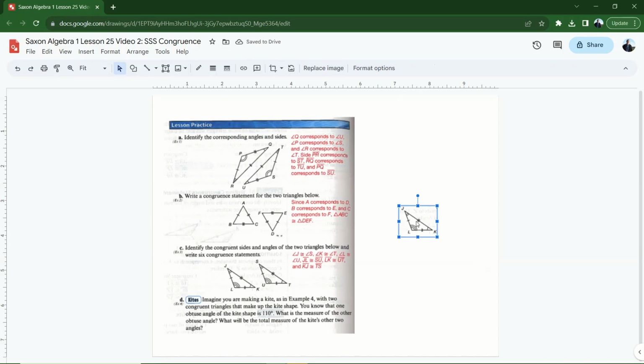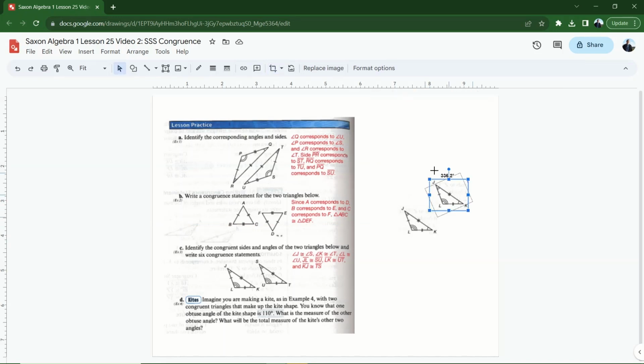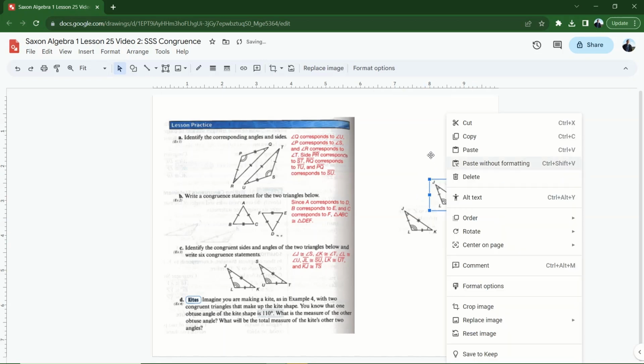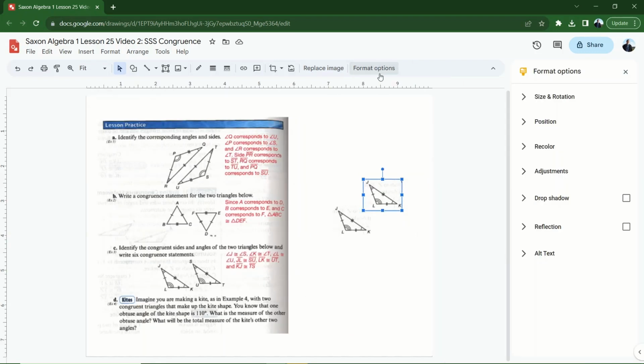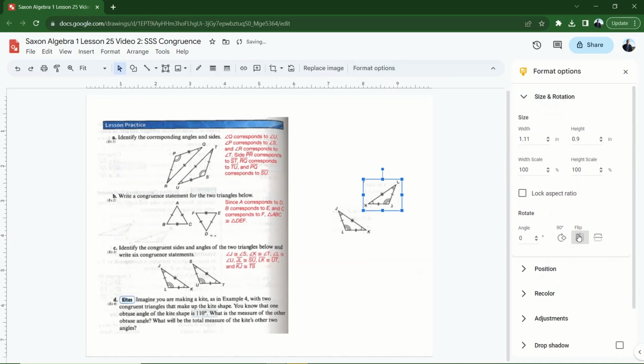I don't know that this is going to work actually. Well, what I can do is I'm just going to flip this. We'll flip it horizontally. Format options, we're going to rotate it and flip that way.